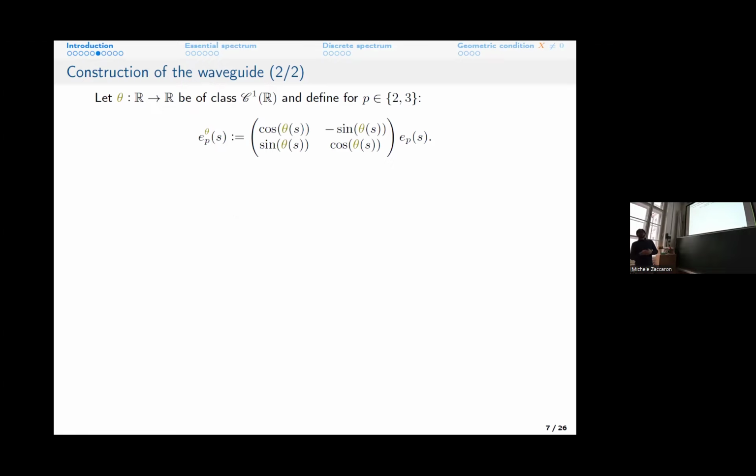Theta is basically, you take E2, E3 on the cross-sectional plane, and you rotate the frame by intensity theta of s. And so actually, the derivative of theta will be denoted as the twist of our waveguide.